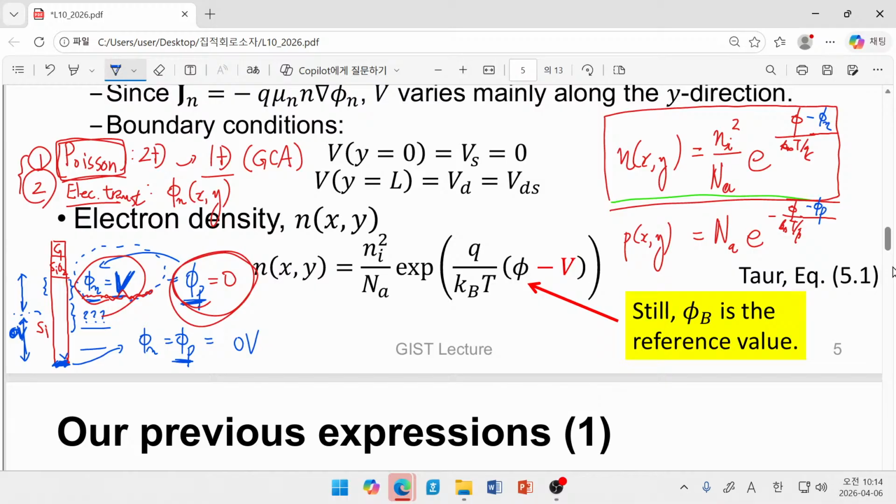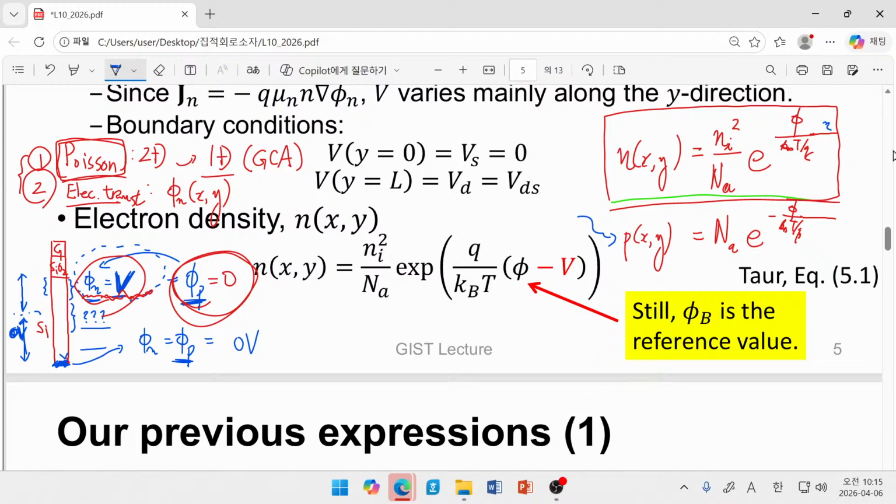That is required. However, in our hole case, phi p, the hole quasi-Fermi potential, can still be safely regarded as just 0. So our previous expression for hole density can be used without any modification. It is completely okay to reuse our previous one, but only for our hole gas.